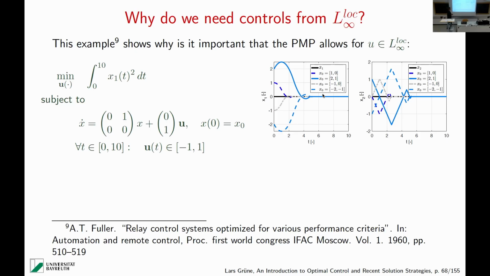But what happens in between, this is really interesting, is that we have switches here, right? So the control always switches between +1 and -1, so between the extremes here. And you see this in the velocity, right? Because this is maximal deceleration, maximal acceleration, maximal deceleration.